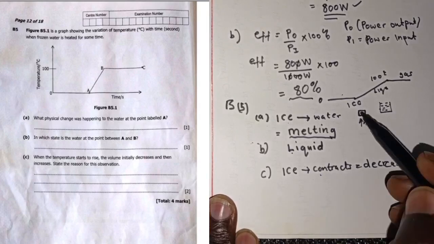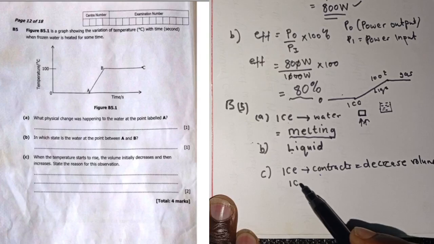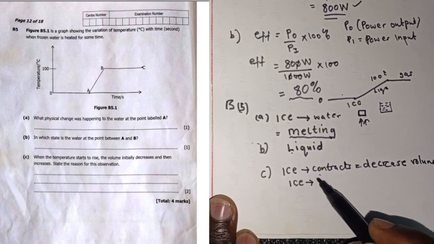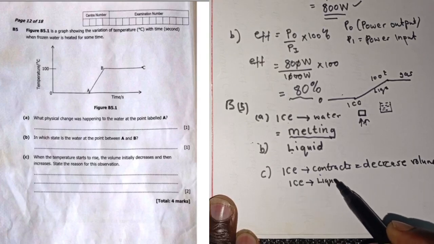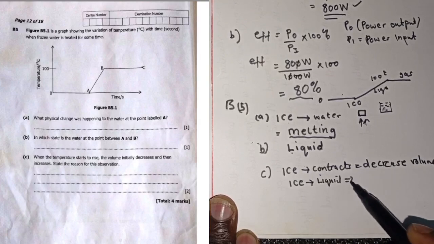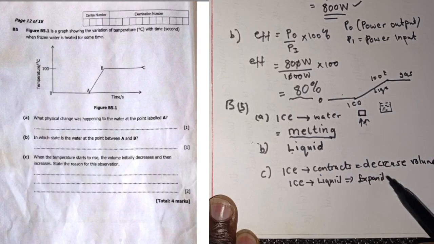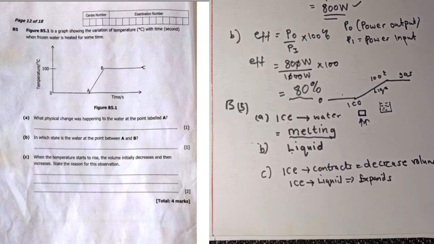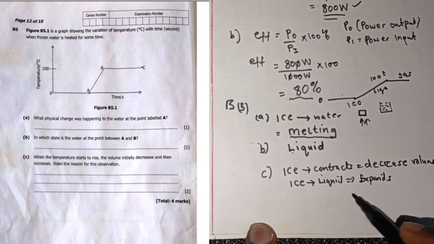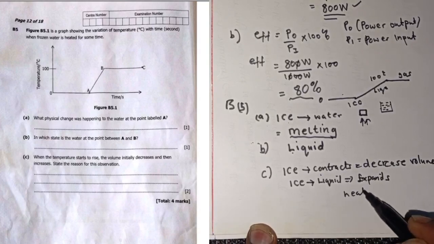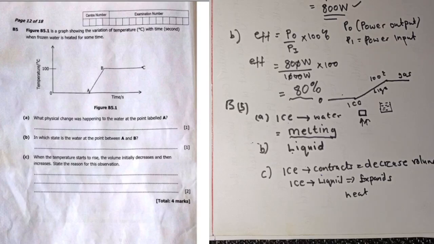Now, since the temperature is increasing and the ice is being changed to liquid, it expands. So the first thing that happens is a contraction, which will decrease the volume, and then it will expand because you've introduced heat.